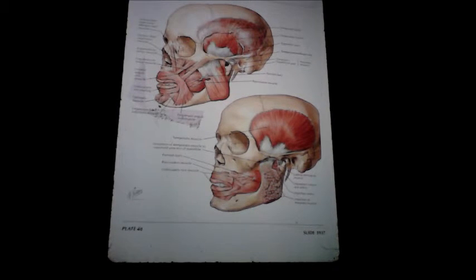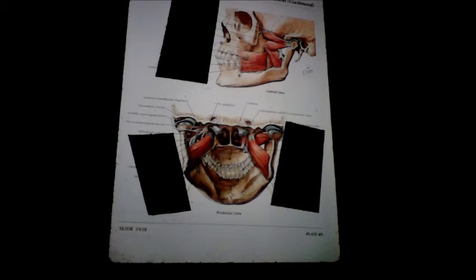Okay, then the deep ones go more internally. Best seen from underneath, the medial pterygoids, which parallel the masseters, which are on the outside. Now these are on the inside, but they run vertically. Think of the pterygoid fossa.